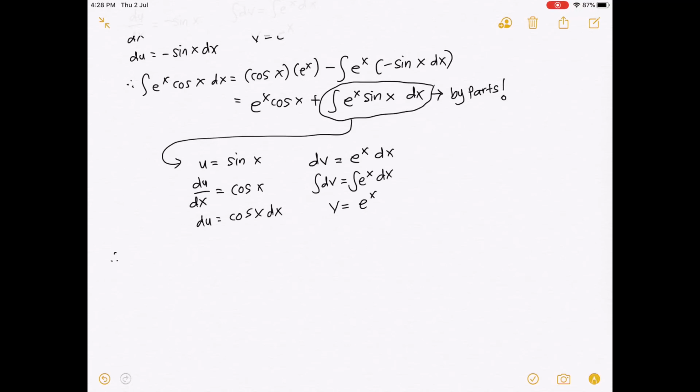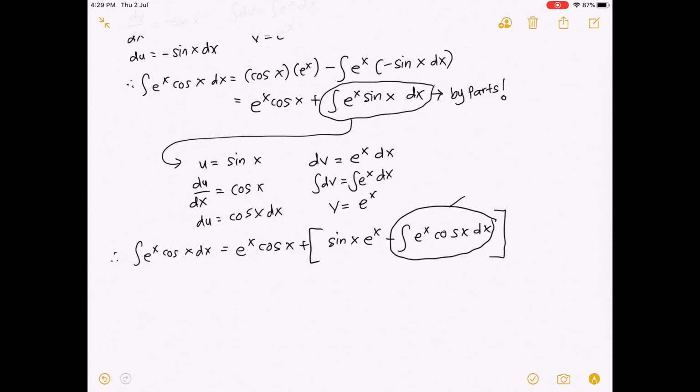Okay, so substitute into the last integration. uv, which is sin x e^x, minus v du. v du is e^x cos x dx.